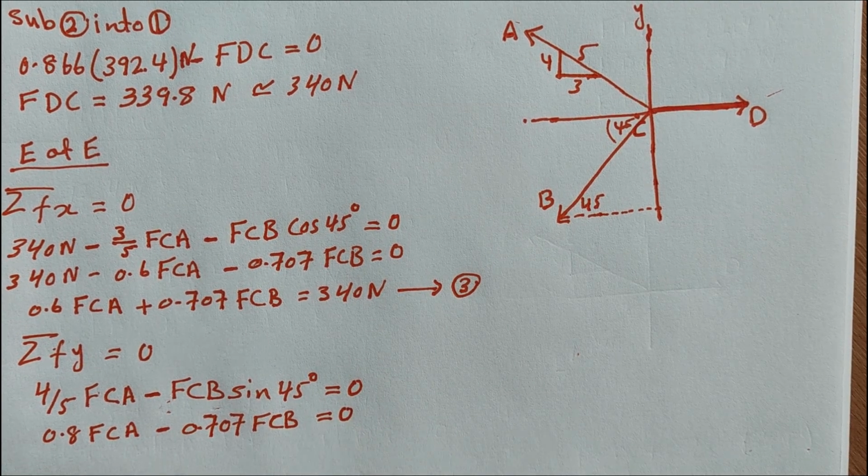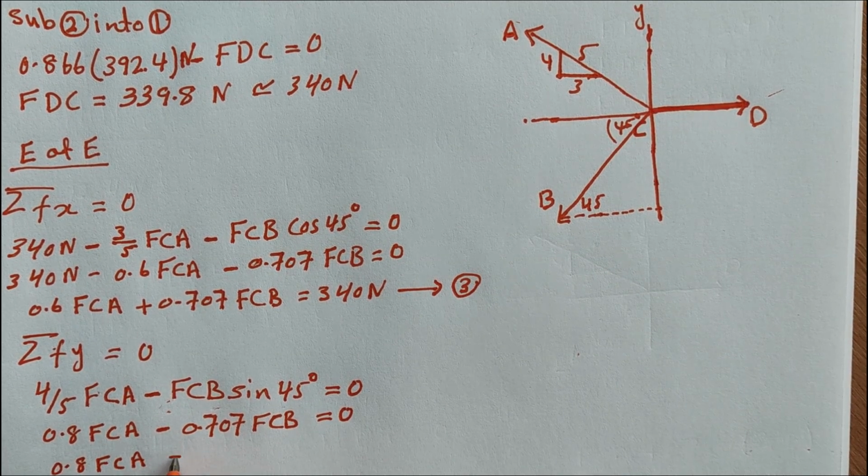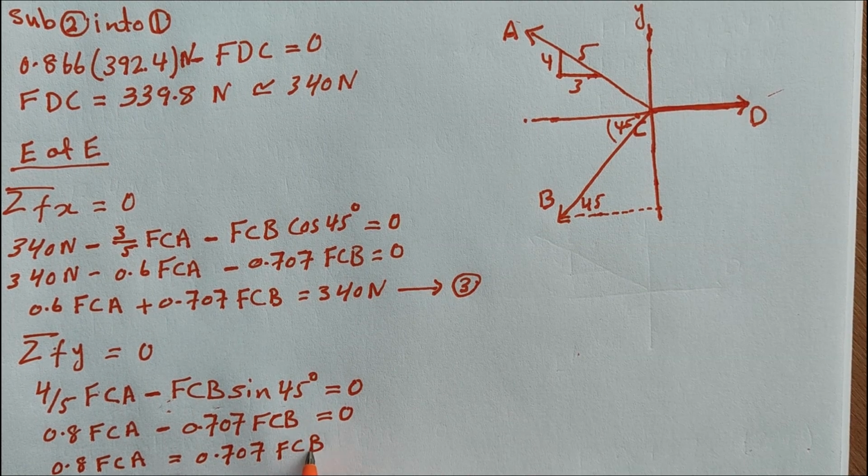From here we can solve for one of them. So if I'm going to solve for FCA, either one of them should be okay. So 0.8 FCA equal to 0.707 FCB.